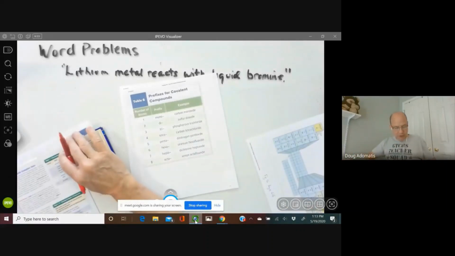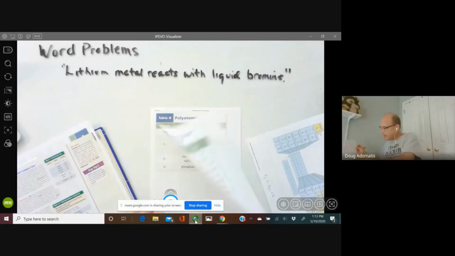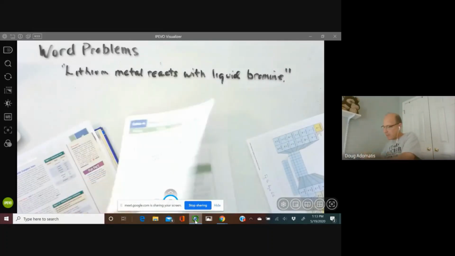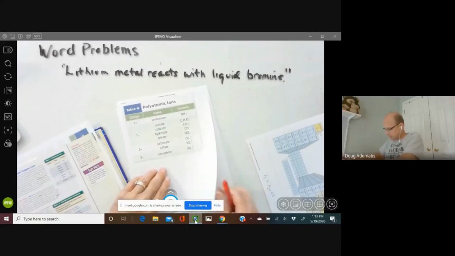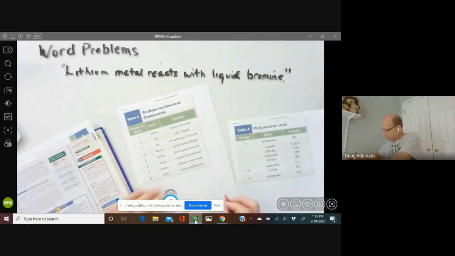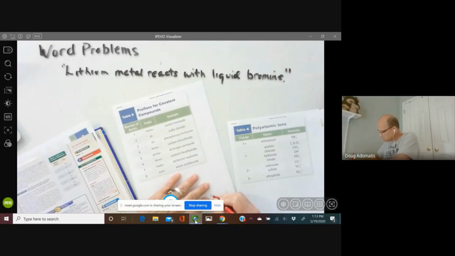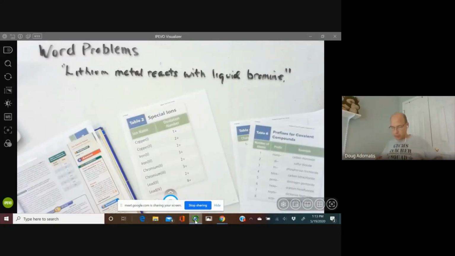On page 619, you've got your polyatomic ions. You're going to need that. And then prefixes are on page 621. This is an open book, open note test, so you're going to need them.